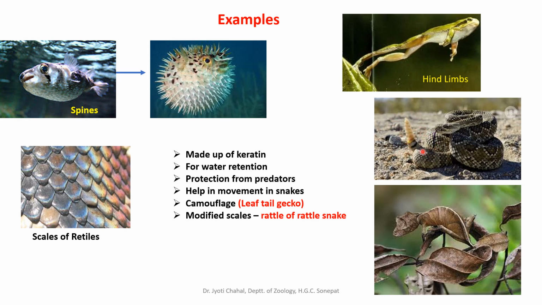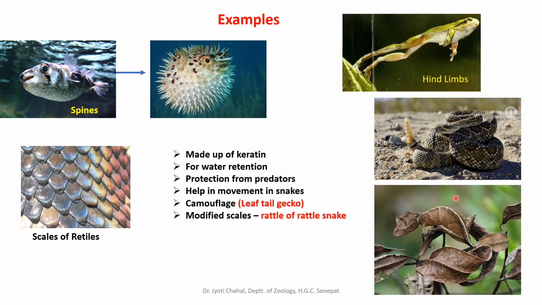You can see here is a rattlesnake which has a rattle on its tail. Whenever it sees any predator or any danger, it will move this rattle and produce sound, because this rattle has small pieces of scales inside it, and they make a noise, so any predator will move away.